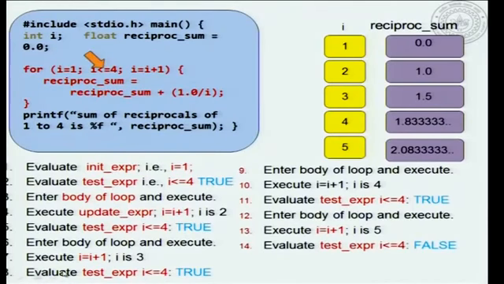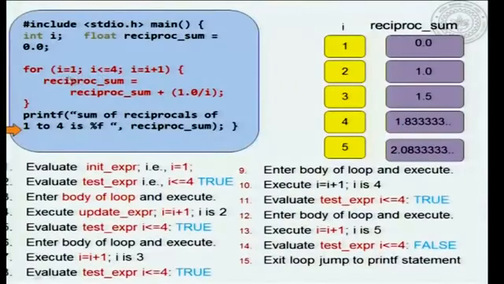At this point 5 is not less than or equal to 4, so you exit out of the for loop. Okay. Now you print that the sum of reciprocals from 1 to 4 is reciprocal sum, which is 2.0833.